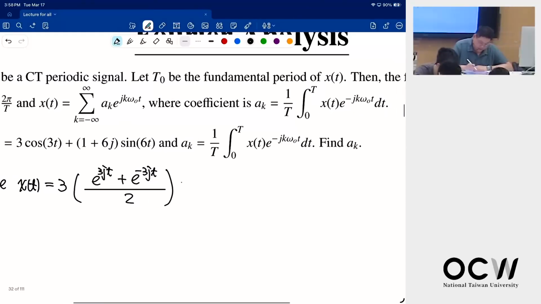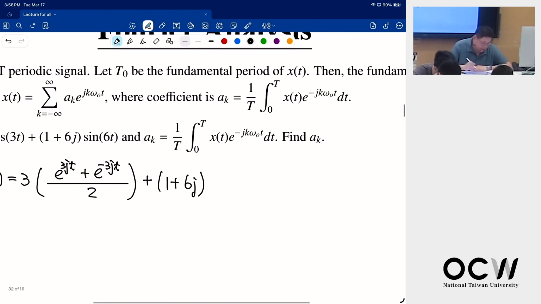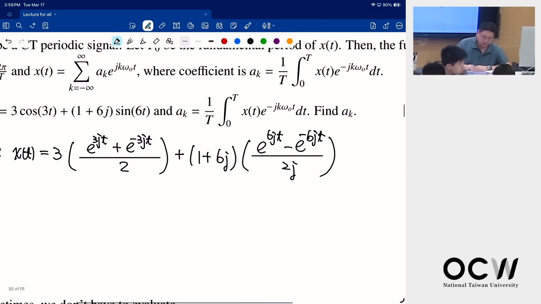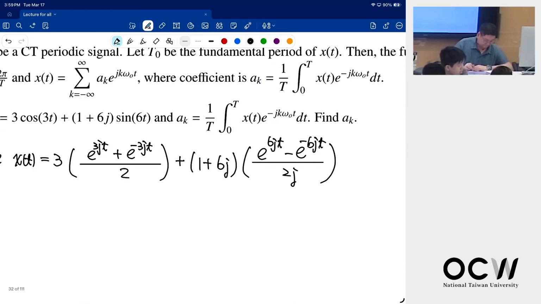And then (1 plus 6j) sine 6t will be e to the 6jt minus e to the minus 6jt divided by 2j. Now just rearrange this. We can write it down.